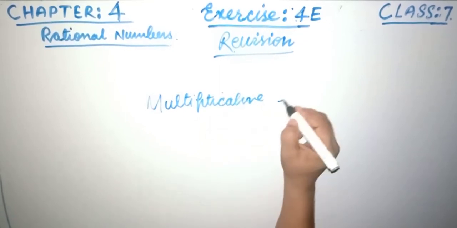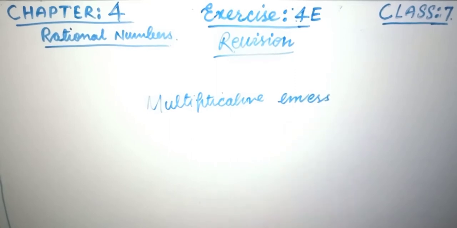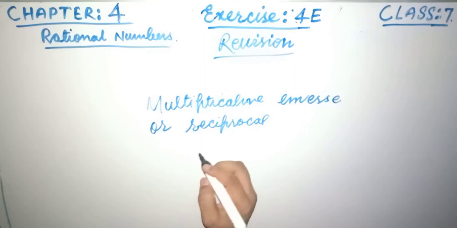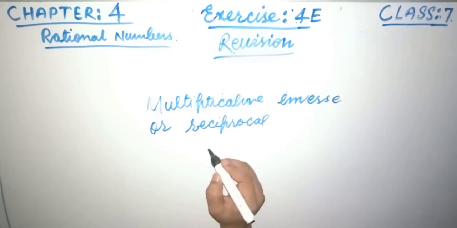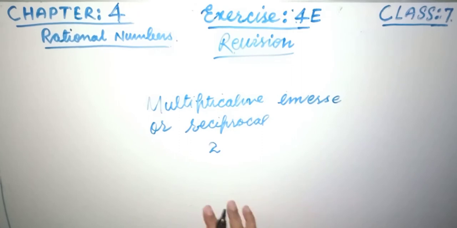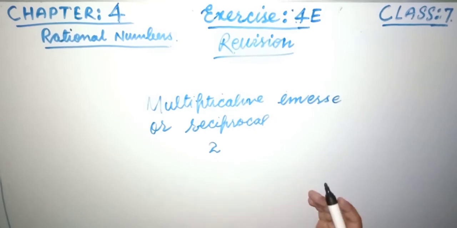Multiplicative inverse, let us figure out with the help of an example. Suppose one number 2 is given. Now we have to find the multiplicative inverse of 2.